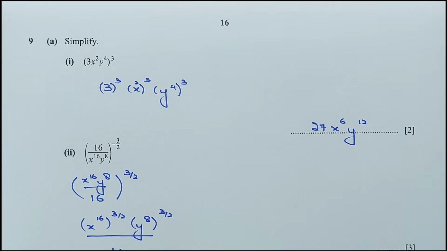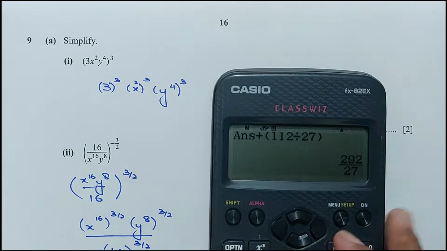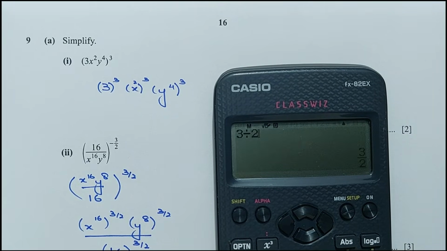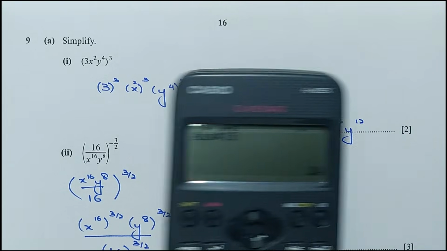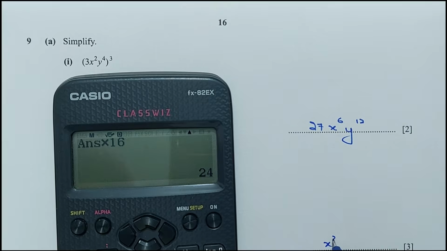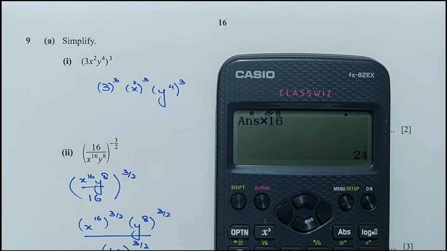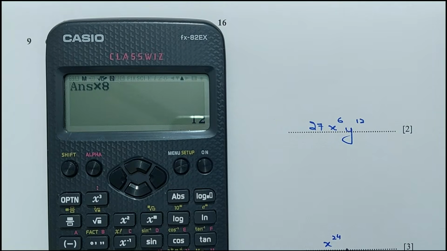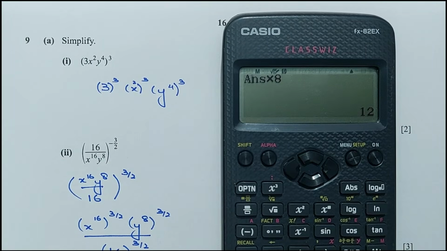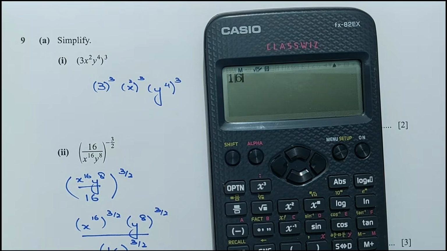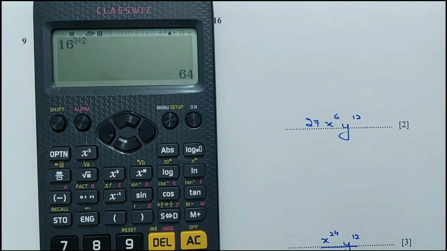And we have 16, its exponent is 3 by 2, right? Okay, 3 by 2 times by 16, x would be 24, right? 3 by 2 times by 8, y exponent is 12, right? Okay, 16 exponent is 3 by 2, 64.